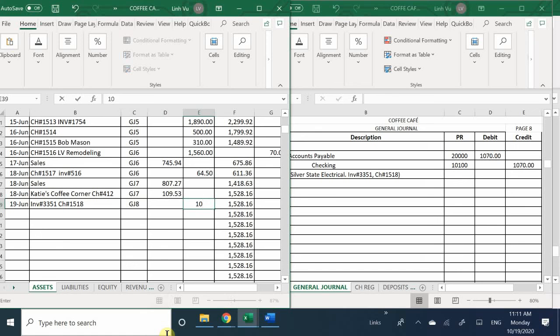Debit. Why would you debit your account? You credit. You're issuing a check. Yes. So here, my new balance should be down to $458.16. So we should be worried because our bank account is very low. Okay?